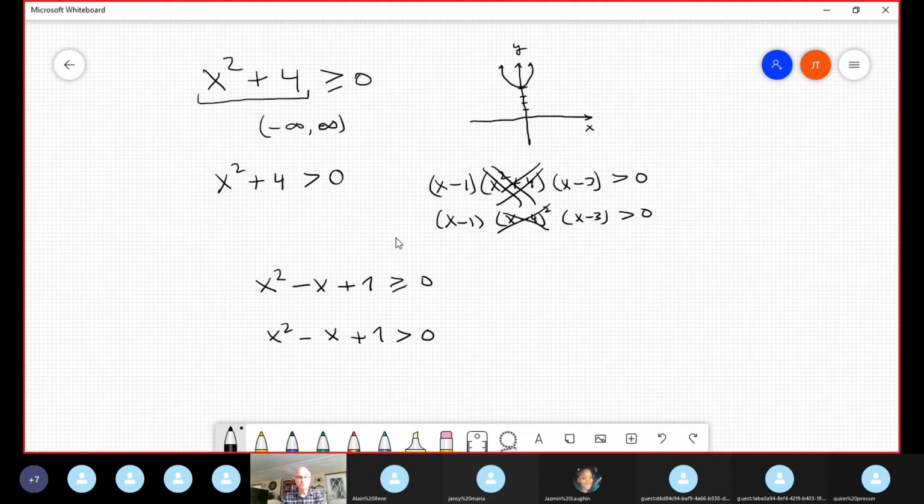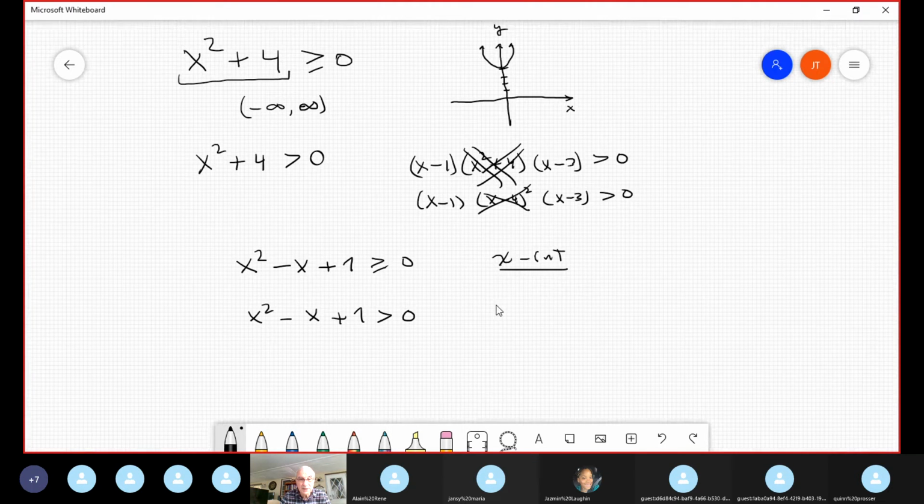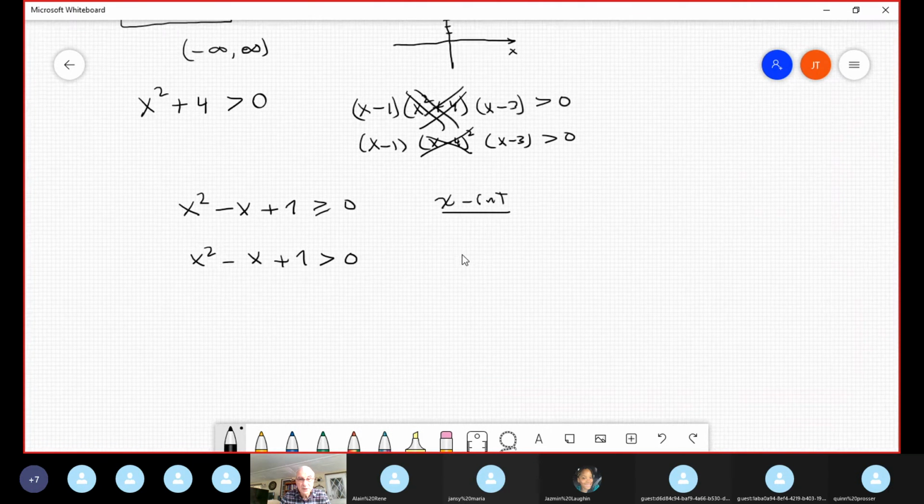To understand whether it crosses the x-axis or not, remember that with a quadratic equation it is super easy: you can compute the discriminant, b squared minus 4ac. If the answer is negative, the solutions of this quadratic equation are complex or imaginary.